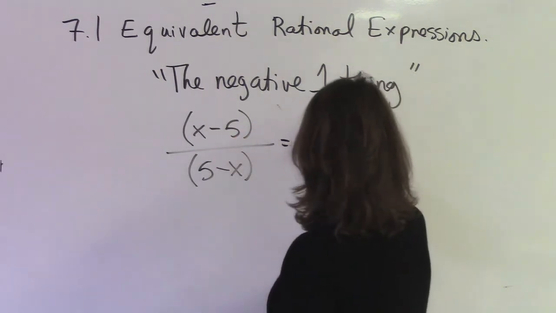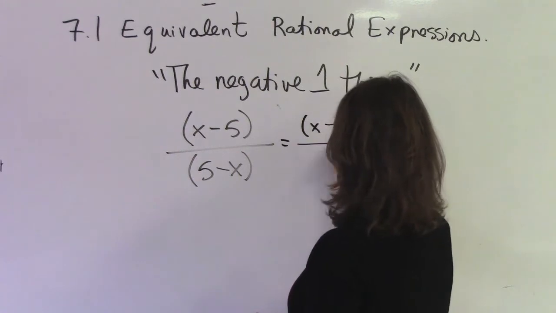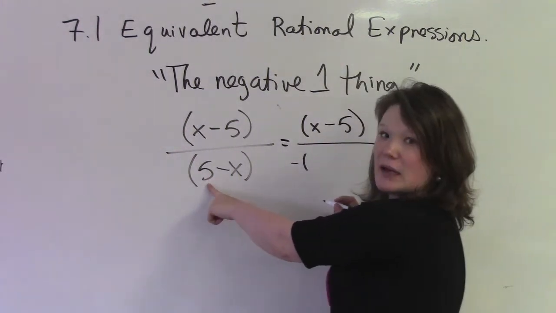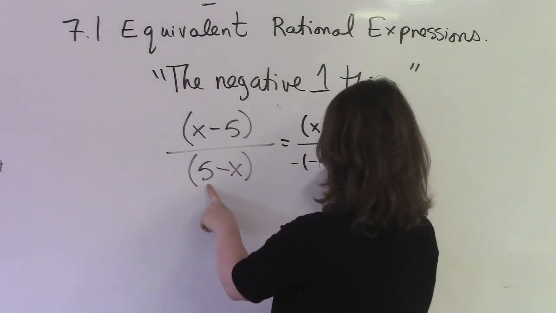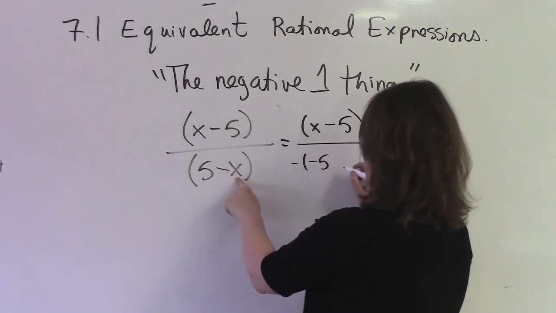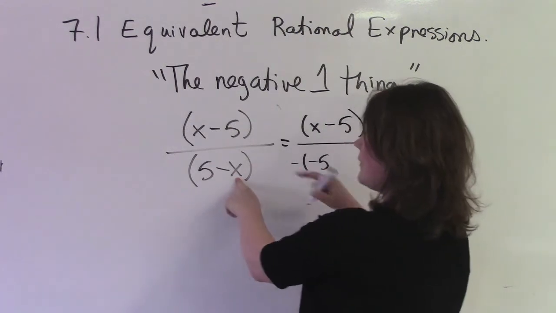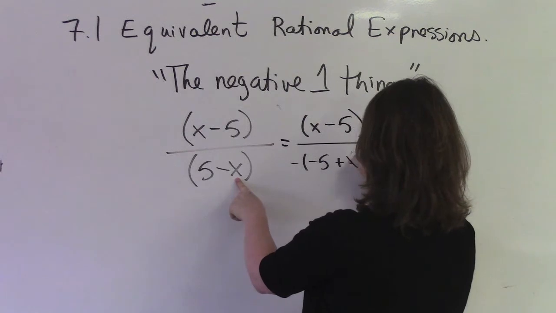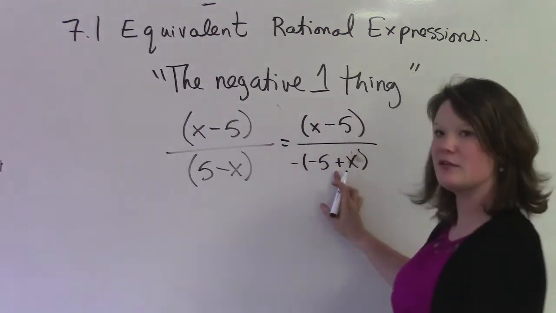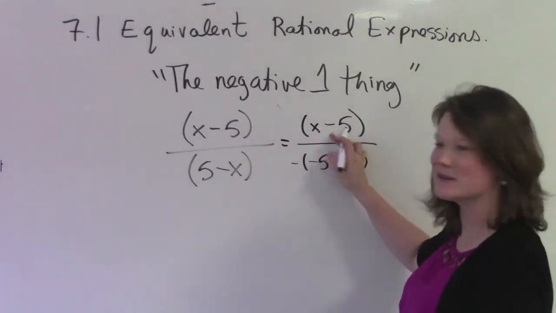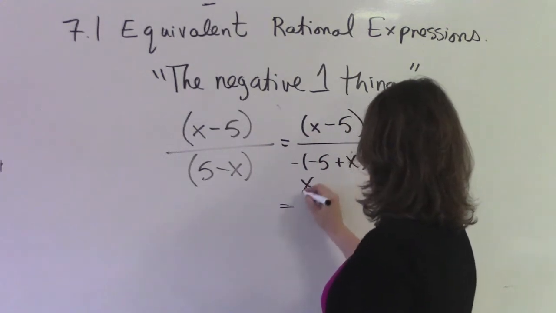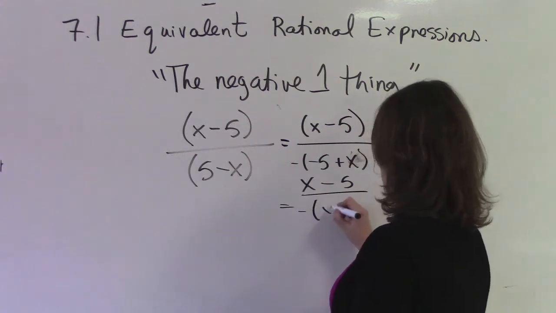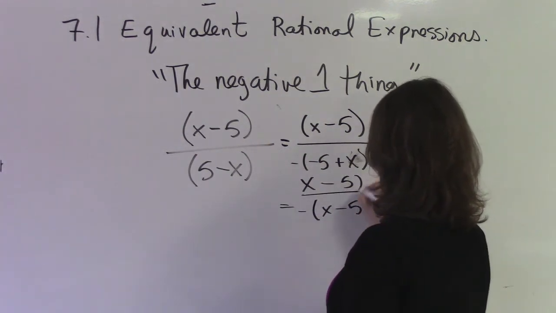So I say x minus 5 over -1. If I divide 5 by -1, I get -5. If I divide negative x by -1, I get positive x. If I just rewrite this, it's going to look exactly the same as this. x minus 5 over negative (x minus 5).